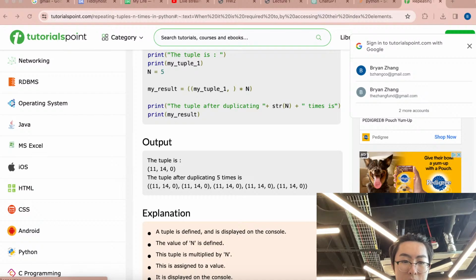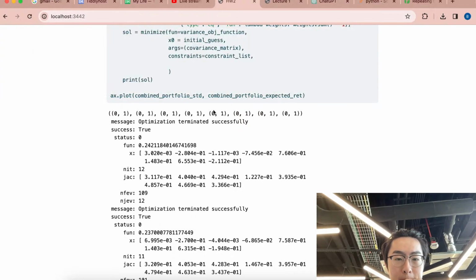Okay, so there is, but it's just a different syntax, it seems. So we have to, for some reason, do this. I'm not fully sure why. There we go.